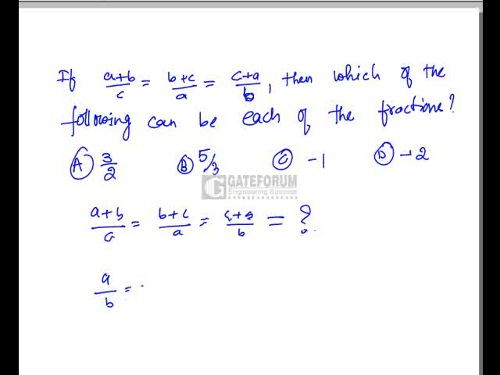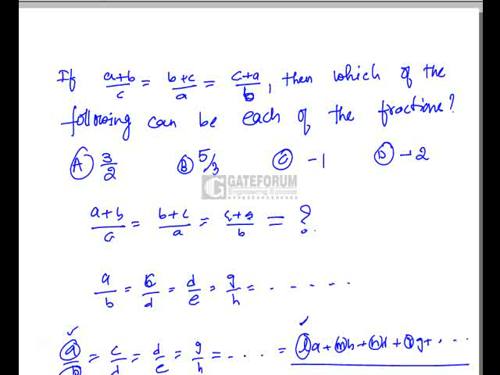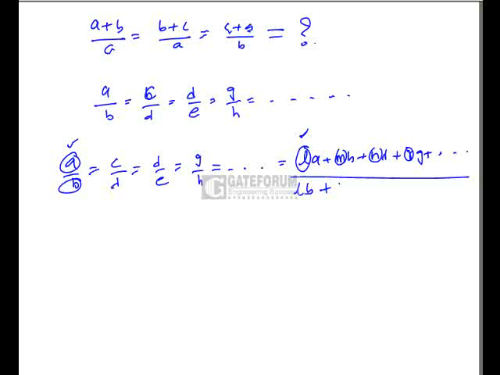If there are an infinite number of ratios, say A by B equals C by D equals D by E equals G by H and so on, then each of these fractions A by B, C by D, D by E, G by H and so on will be equal to (LA plus MB plus ND plus RG plus so on) by (LB plus MD plus NE plus HG plus so on). That means whatever real numbers L, M, N, R you multiply to the upper values, you have to multiply with the same to the denominators and add them also.